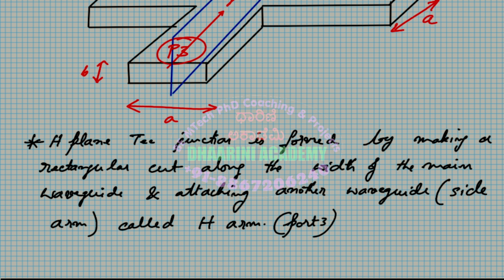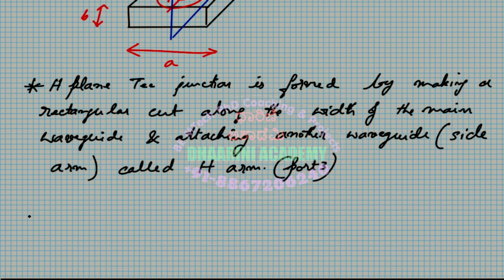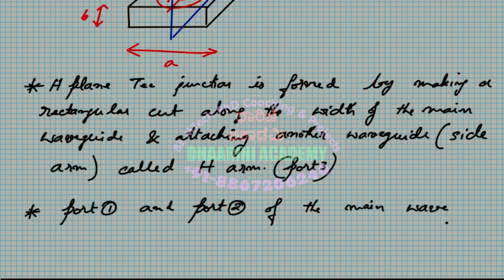There are two other ports present, from the main waveguide: port number 1 and port number 2 of the main waveguide are called the collinear ports.